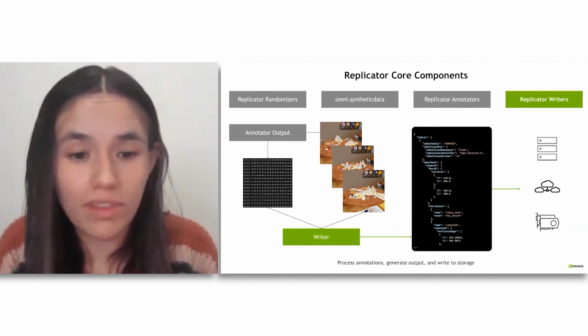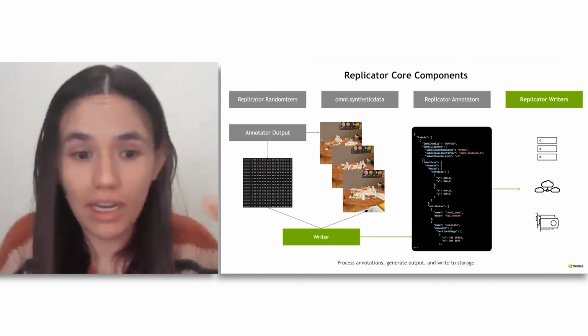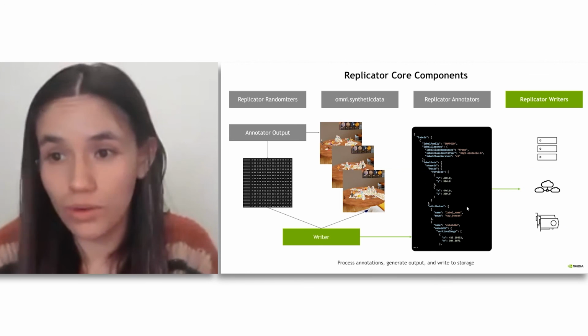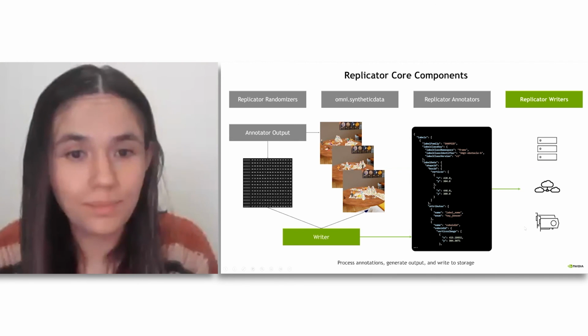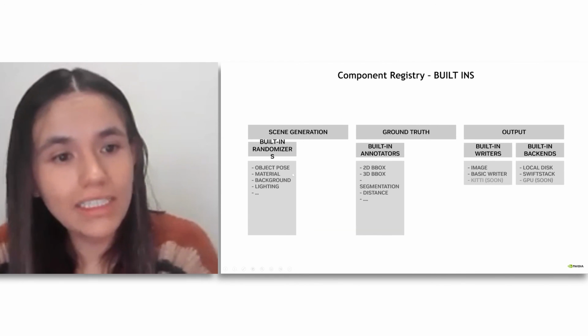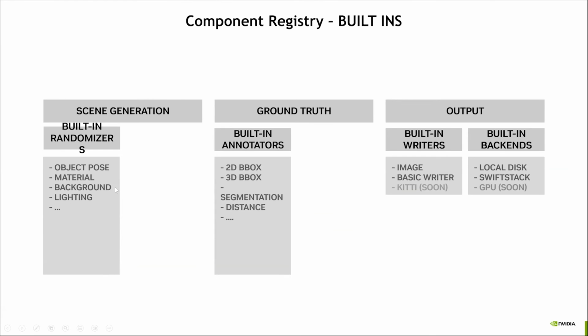Because of that, you can come in, modify the writer, and write something that will be usable for your own use case. To summarize, we have built-in randomizers that do material, background, and lighting randomization. We have built-in annotators. We have built-in writers for KITTI and others.